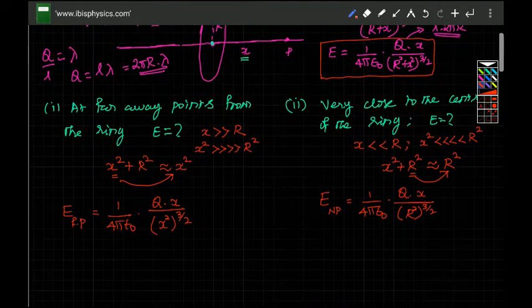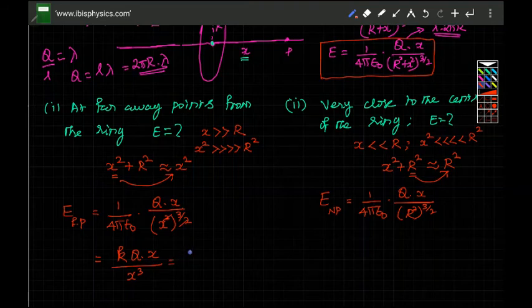Here 1 by 4 pi epsilon naught can be written as k, so kqx by (x square) whole power 3 by 2, which is x cube, so this is equal to kq by x square. That is the electric field at a far away point. The electric field at a near point is kqx by (r square) whole power 3 by 2, which becomes r cube, so kqx by r cube.